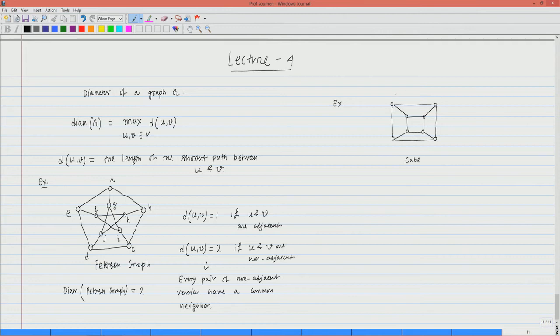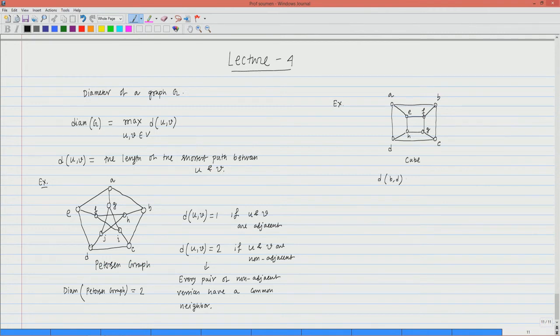So, I label them A, B, C, D, E, F, G, H. Now, you compute the distance between any pair of vertices. For example, the distance between B and D is 2.